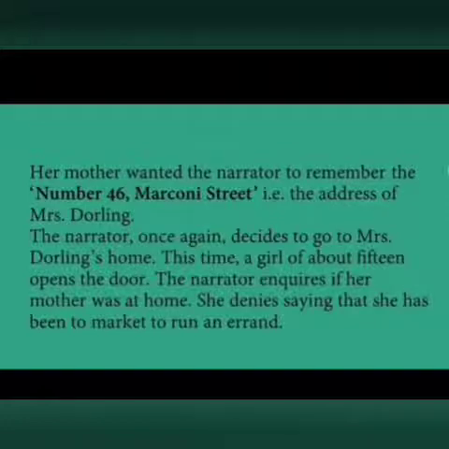The narrator once again decides to go to Mrs. Darling's home. This time, a girl of about 15 opens the door. The narrator inquires if her mother was at home. She denies, saying that she has been to the market to run an errand.